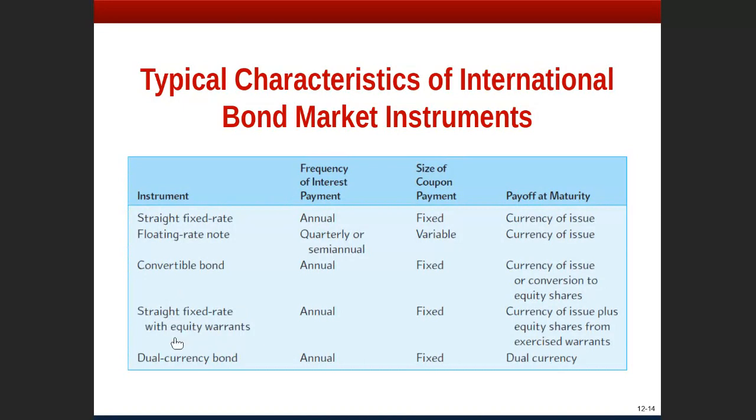For example, a straight fixed rate bond with equity warrants. Again, the frequency of interest payments is usually annual. The size of coupon payments is fixed. The payoff at maturity is in the currency of issue plus equity shares from exercise of warrants.